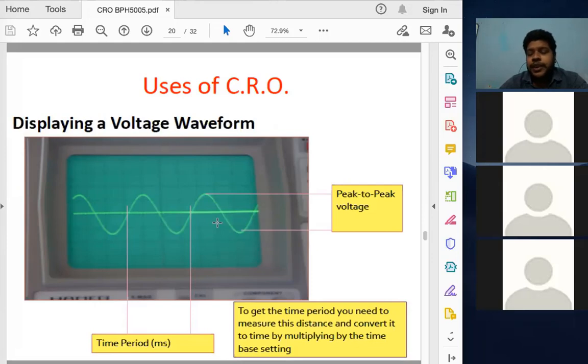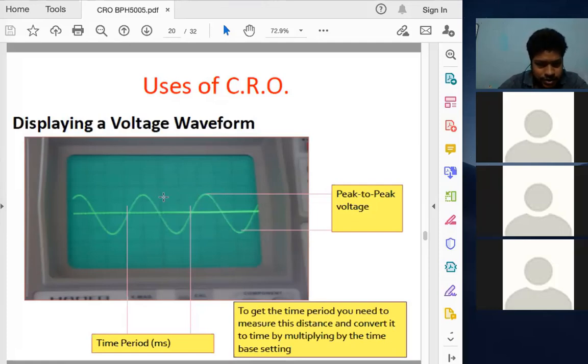There are many knobs which we control to see the signal. When we see the signal, you can calculate that one block means how many volts. In this signal you can see this is two blocks, and one block is further divided into five columns, five different small lines.